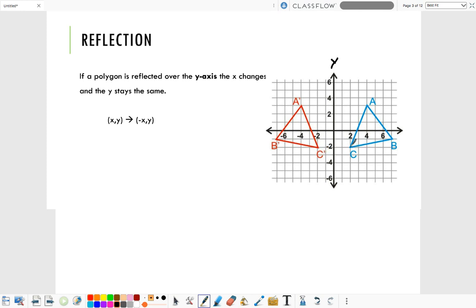Each of these vertices, each of these points on our triangle should be the same distance from the y-axis. So C is 2 away. C prime is also 2 away. If we look at A and A prime, A is 1, 2, 3, 4 away, and A prime is also 1, 2, 3, 4 away from the y-axis.